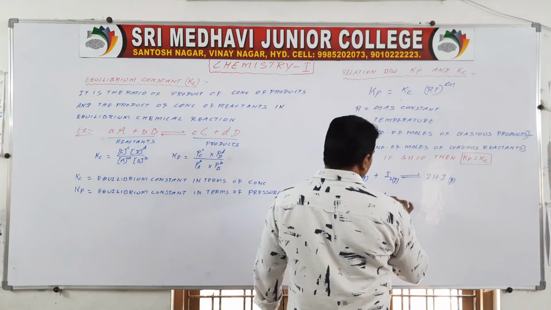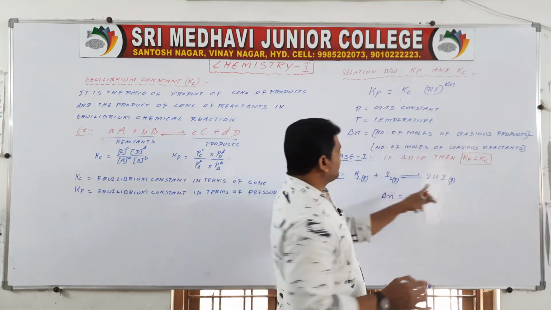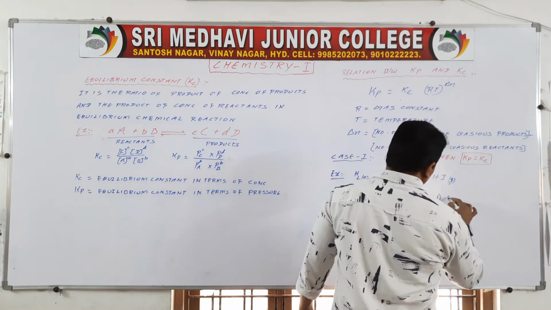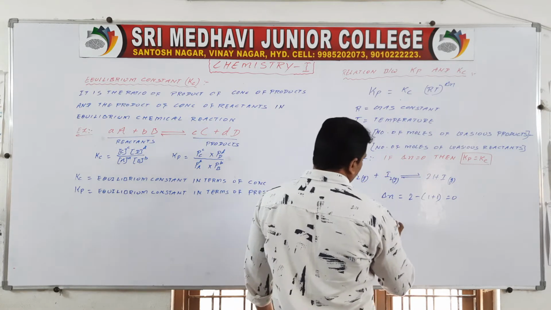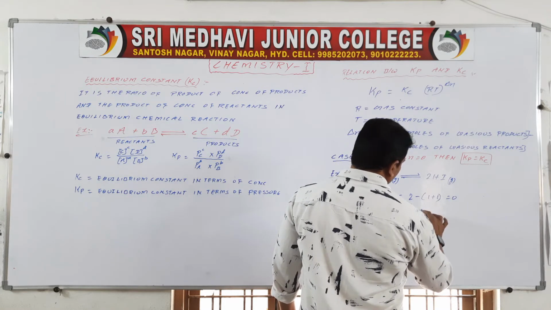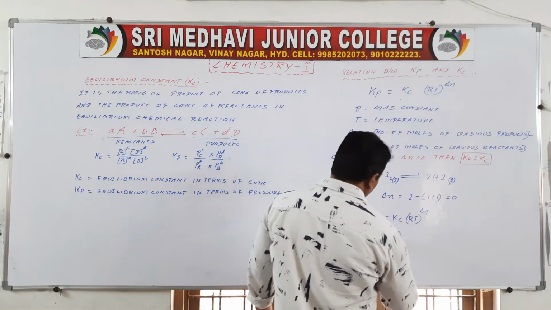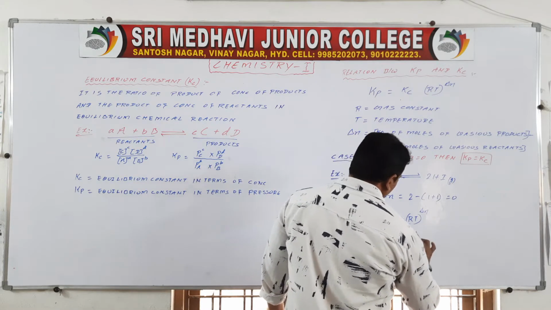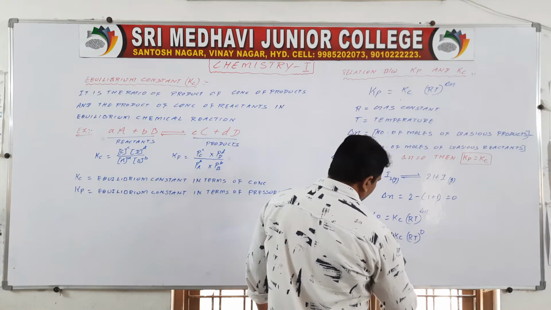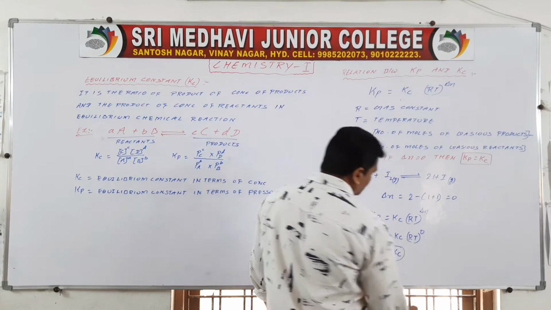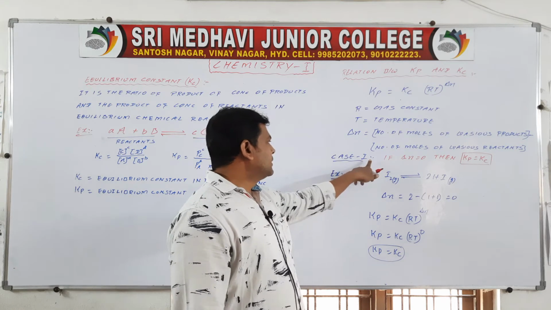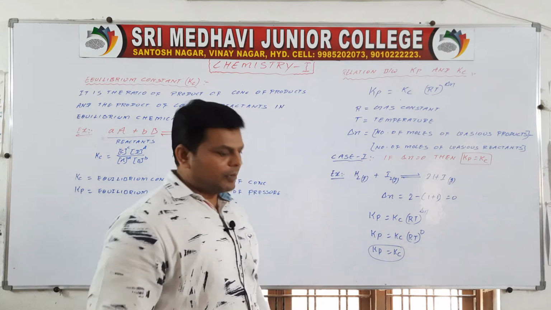Here delta n equals number of moles of gaseous products, 2, minus 1 plus 1, equals 0. Then Kp equals Kc into RT to the power of 0, so Kp equals Kc. Understand? So this is case 1, example 1.